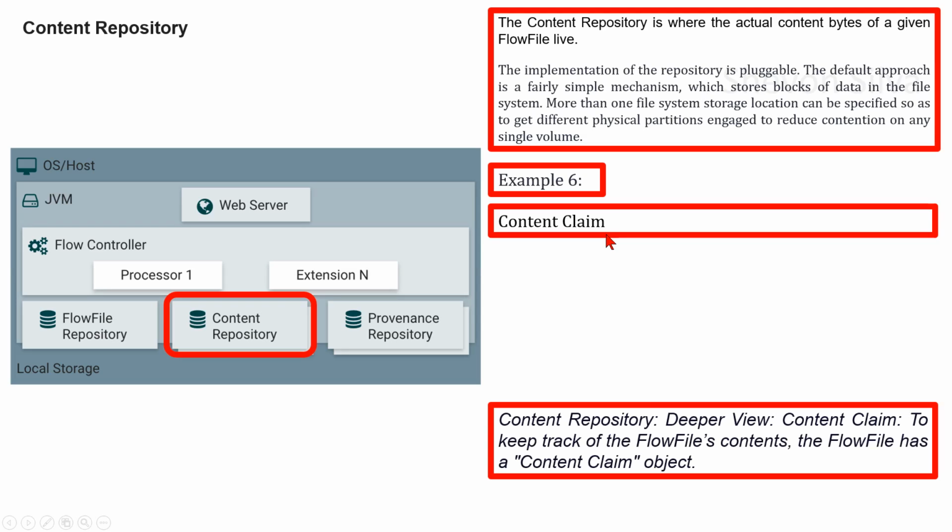To access the content, the repository drills down to the specific file on disk using the resource claim's properties, and then seeks to the offset specified by the content claim before streaming content from the file. This layer of abstraction, the resource claim, was added so that there is not a file on disk for the content of every flow file. The concept of immutability is key to this being possible.